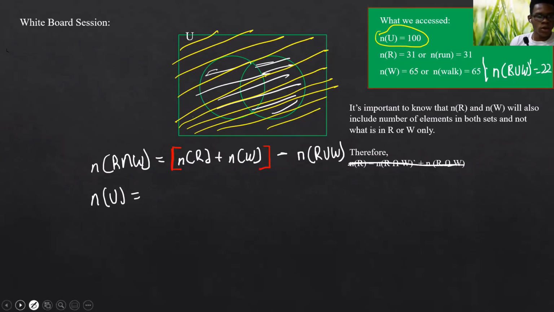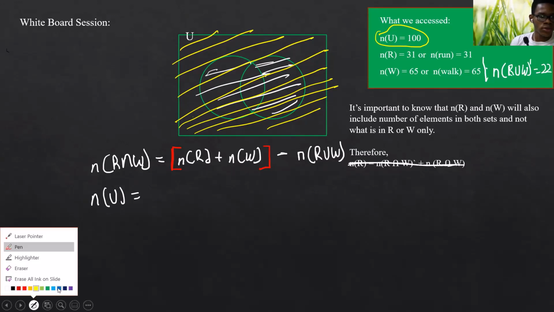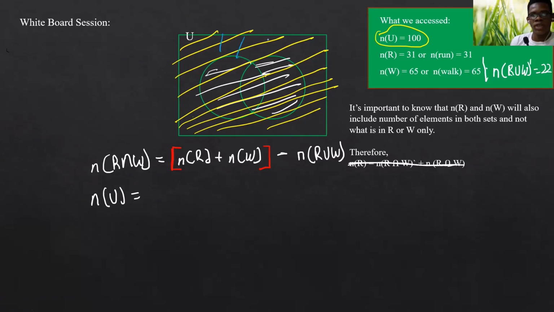But we also know the outside of the circles, and that's the complement of the union. So if we know the entire sum and a part of the sum, you just need to subtract the two to get the difference, which would be our union.